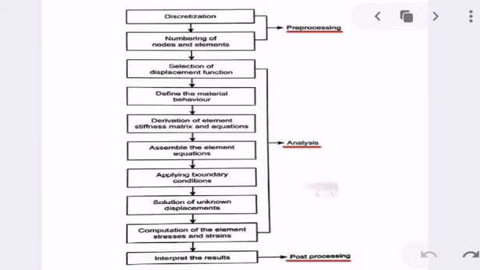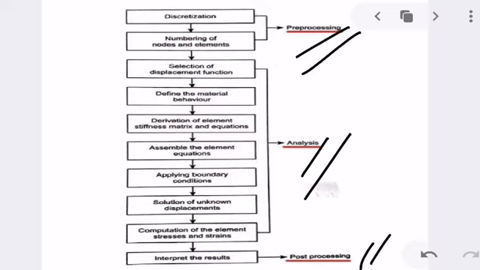So as I mentioned, there are three phases: pre-processing phase, which includes discretization and numbering of nodes and elements; analysis phase, in which a displacement function is selected, and after that we will derive the elemental stiffness matrix, we will assemble the equations applying boundary conditions, and we will find the unknown displacement and other elemental stress and strain. And the third phase is post processing phase, in which we will interpret the result.